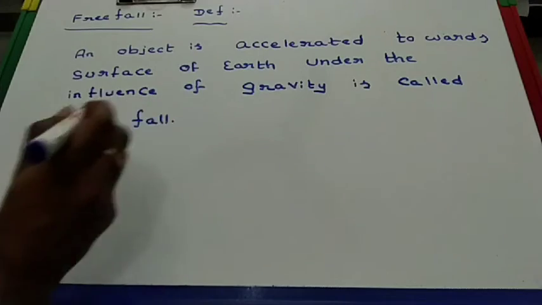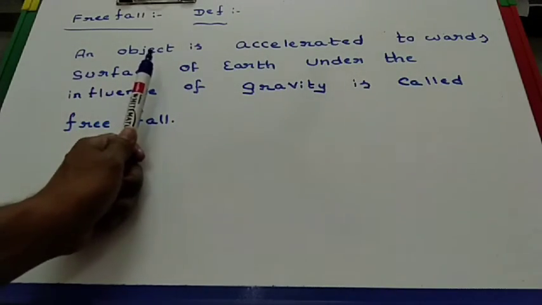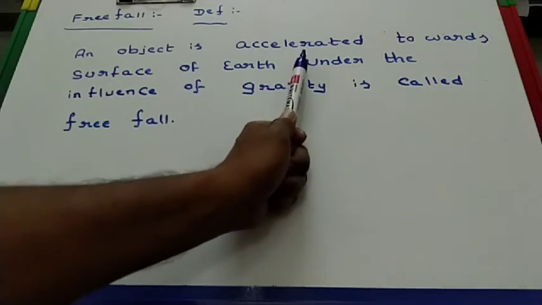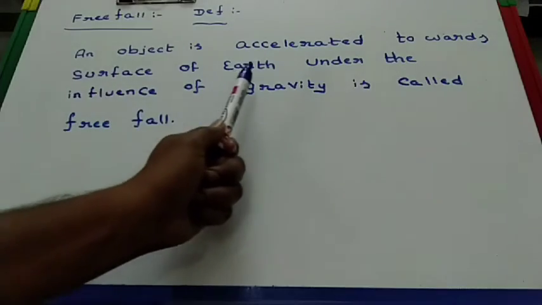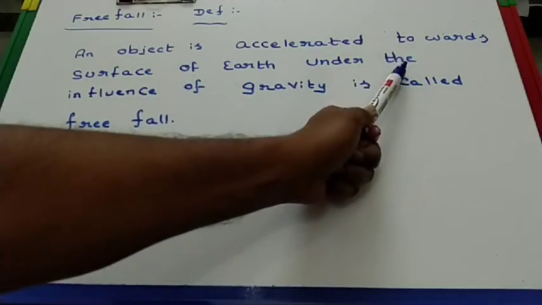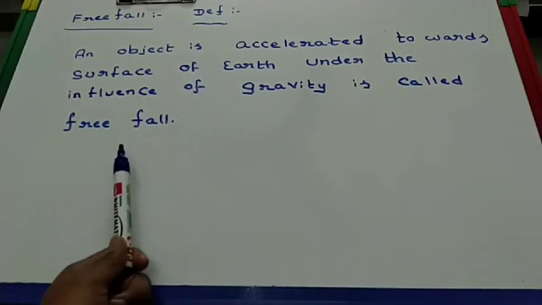Once again I am repeating the definition. An object accelerated towards surface of earth under the influence of gravity is called free fall.